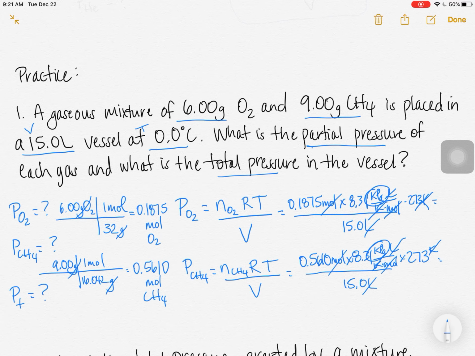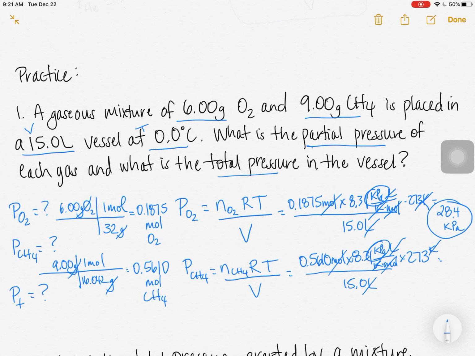And for the first one, I get something like, now sig figs here would be important, should be 3, so 28.4 kPa was the partial pressure contribution from the O2.